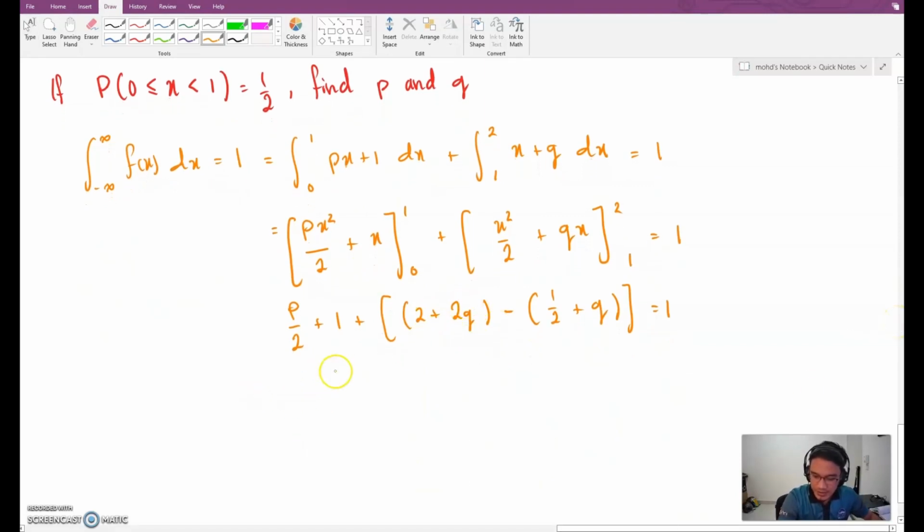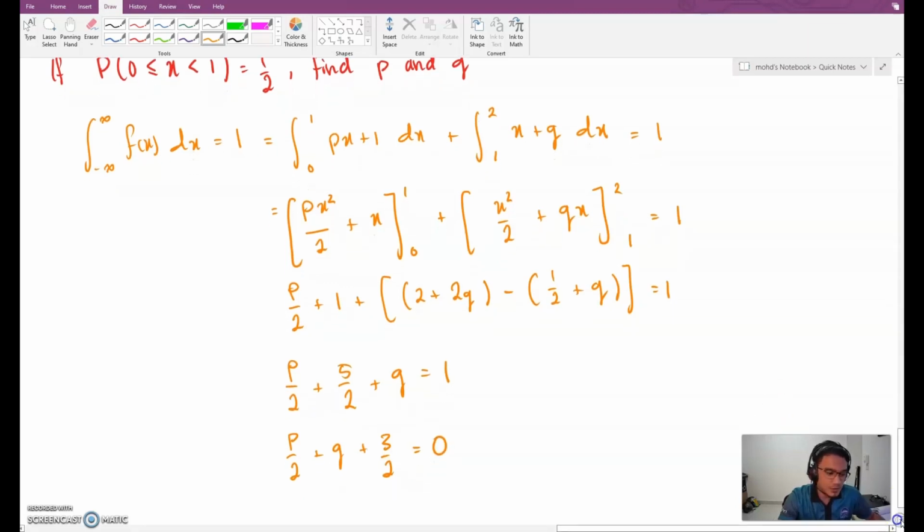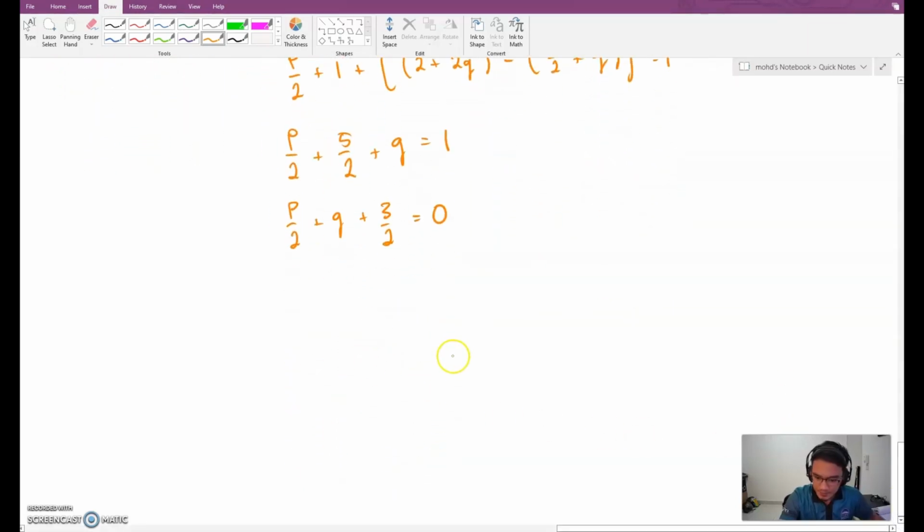Next we solve this part: p over 2 plus 5 over 2 plus q equal to 1. And then p over 2 plus q plus 3 over 2 equal to 0. So that is for the first part.